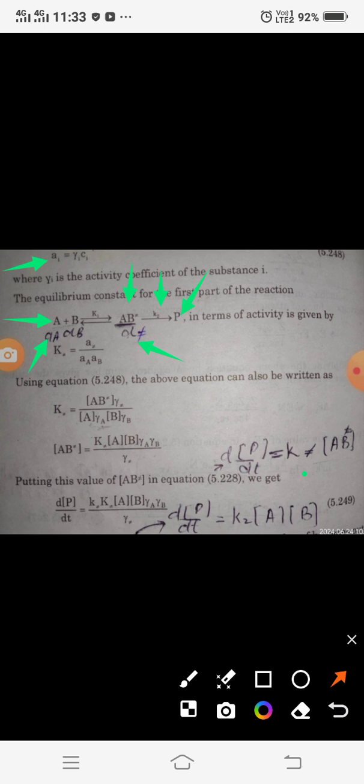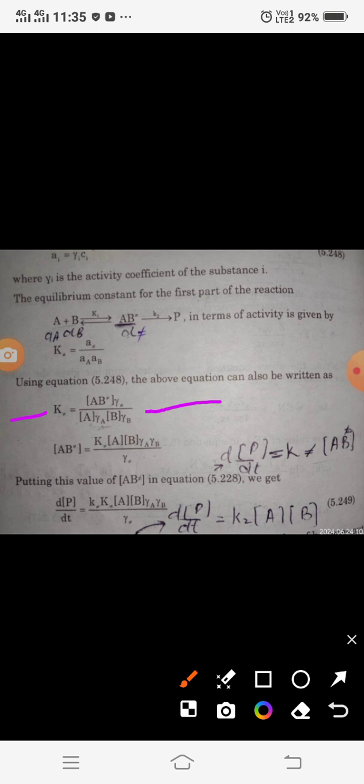In that case, we give the equation in this form, where we write the product or the complex in the numerator and the denominator is made up of the reactant activities, for example small a with A and small a with B, showing the activity of the reactants A and B. If we want to show the expression exactly in the form of the reactants but not in the form of the activity, we will show the reaction in this form.